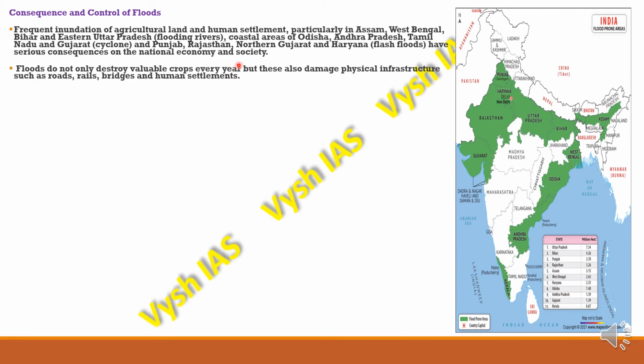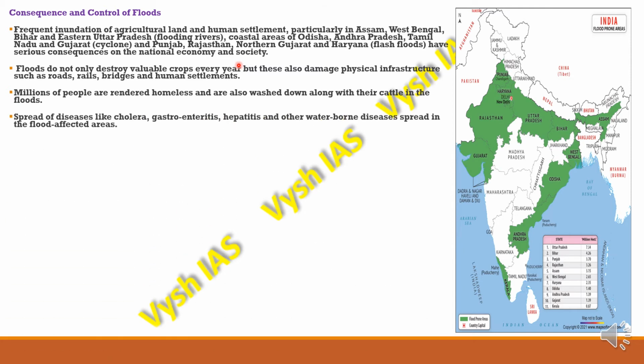Floods do not only destroy valuable crops every year, but they also damage physical infrastructure such as roads, rails, bridges, and also human settlements. Millions of people are rendered homeless, and they also get washed down along with their cattle in the floods and lose their lives.